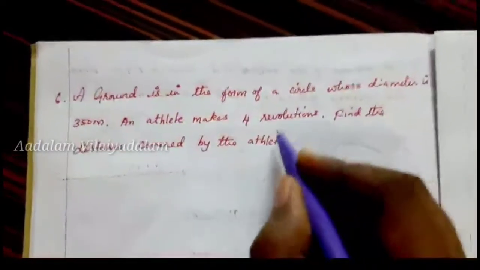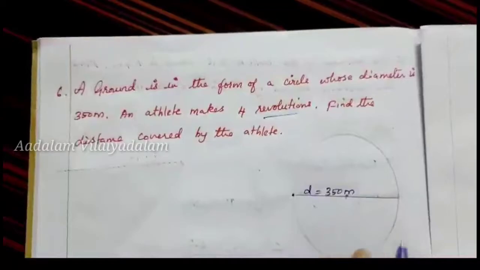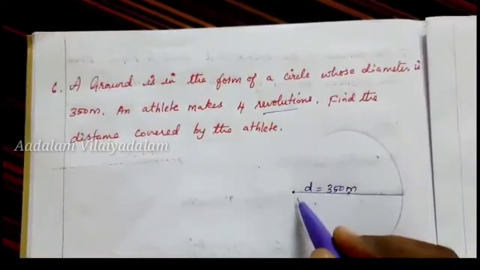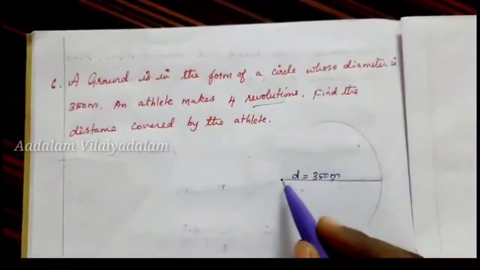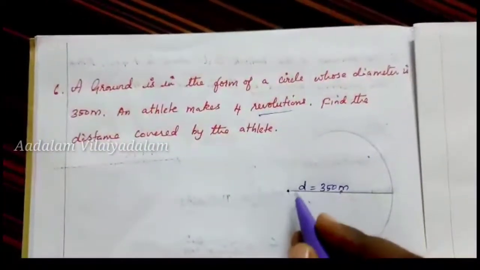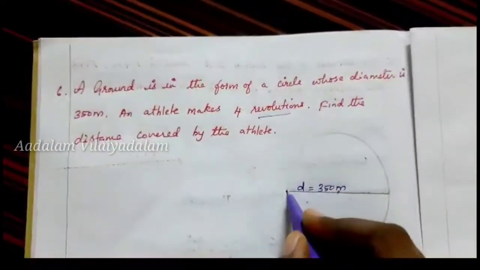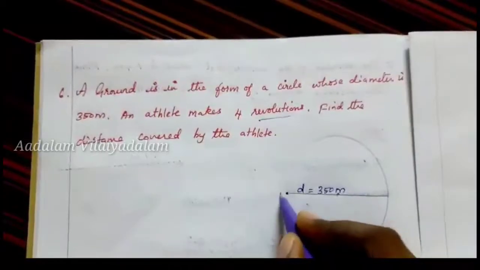So what do you mean by revolution? It is also a type of rotation, or you could say moving around the given area. So the athlete moves from this point, covers it and ends again at the same point.